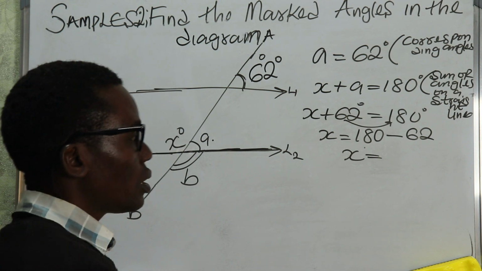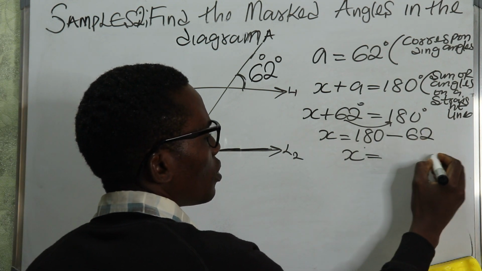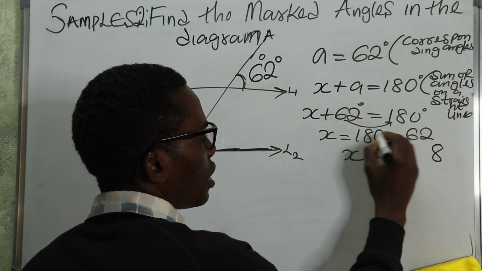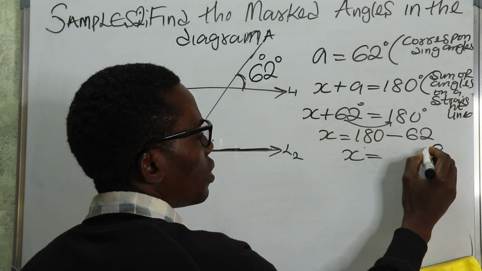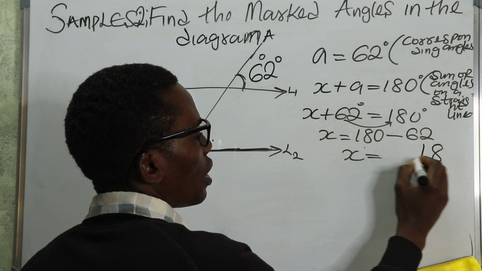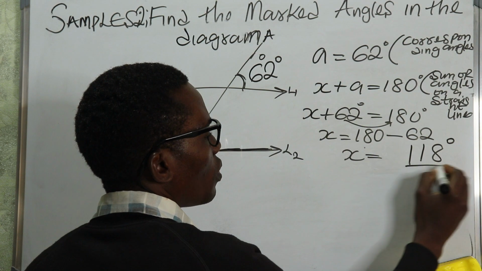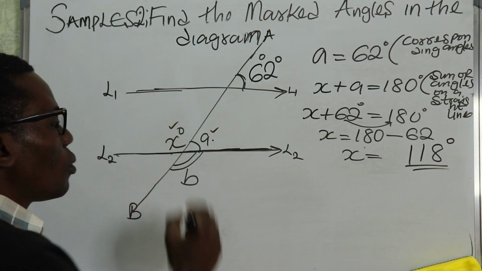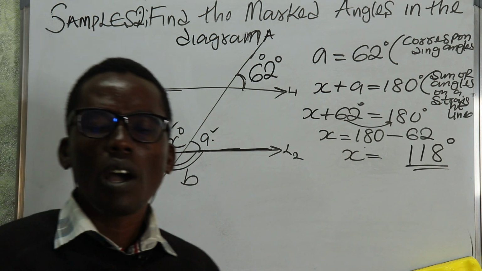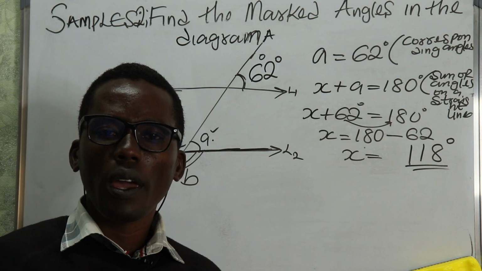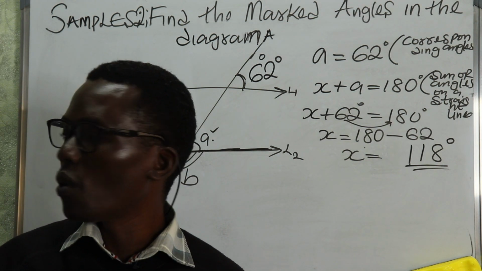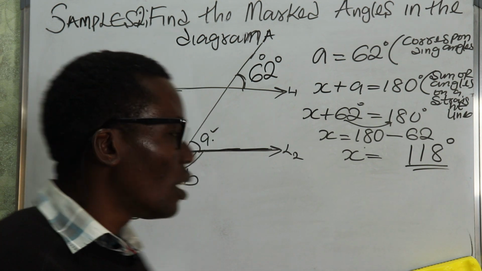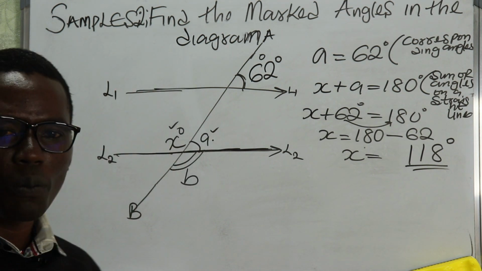If you subtract that, you're going to have this will give you 8, and then this will give you 1, and then 1. That will give you 118 degrees. So we've gotten angle A and angle x. So having gotten angle A and angle x, the next thing we want to look for is angle B. So how do we find angle B?